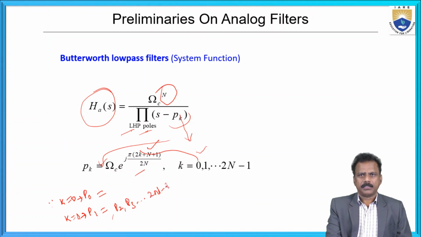That means it is reflected with the order of the filter. For example, if the order of the filter is n equal to 6, then k goes up to n minus 1.